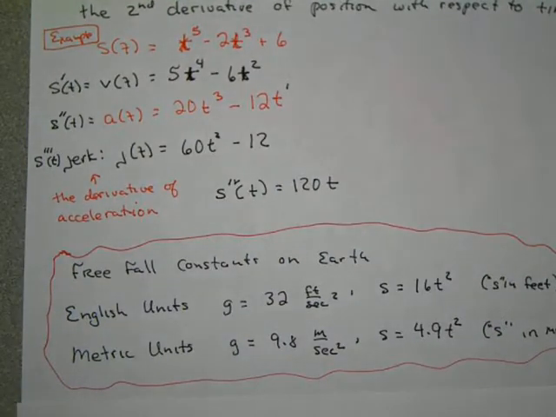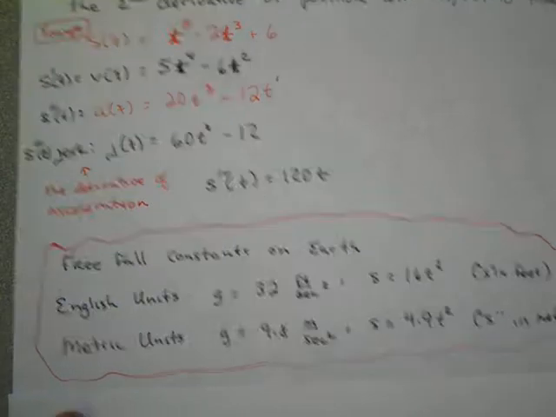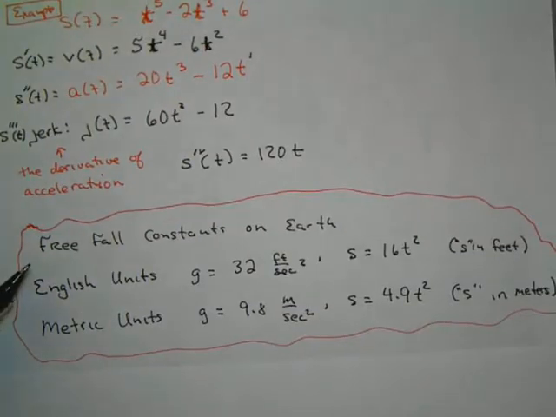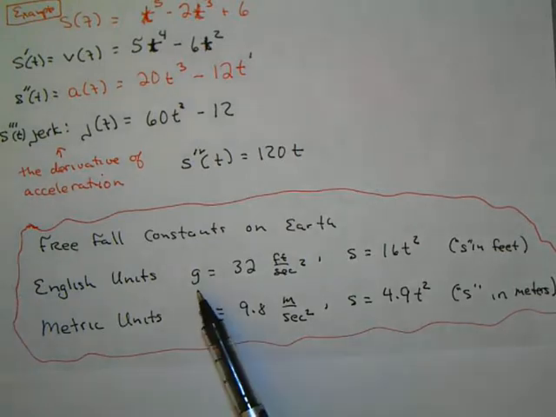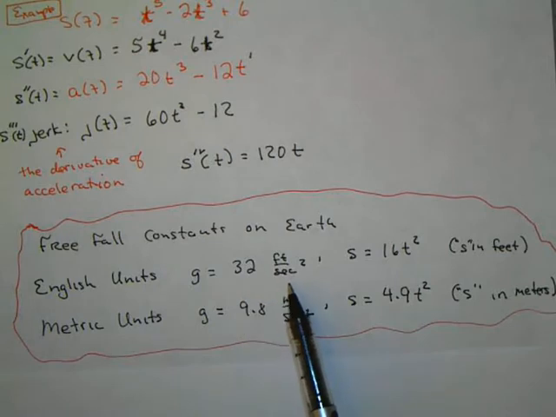So some fun facts to know, put in your notebook and keep track of. Free fall constants on Earth with gravitational pull using English units. The coefficient for gravity is 32 feet per square second. So if you're looking at a function, it would be half of that.